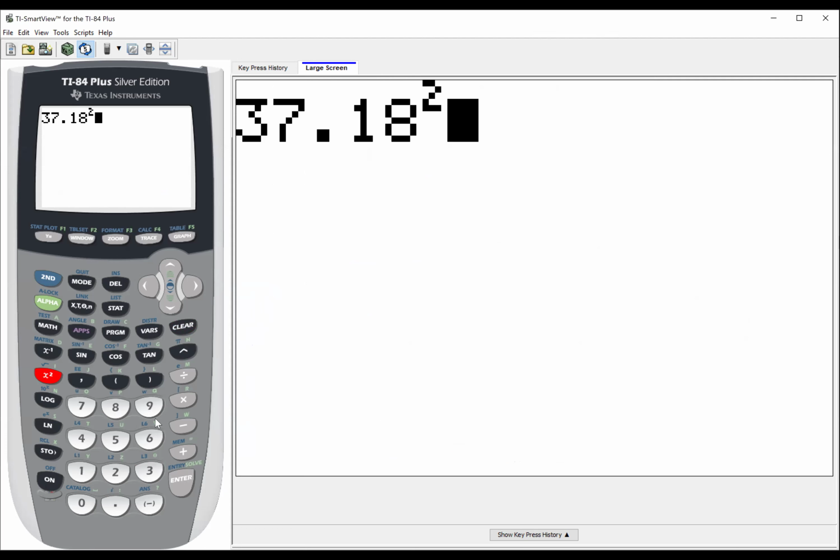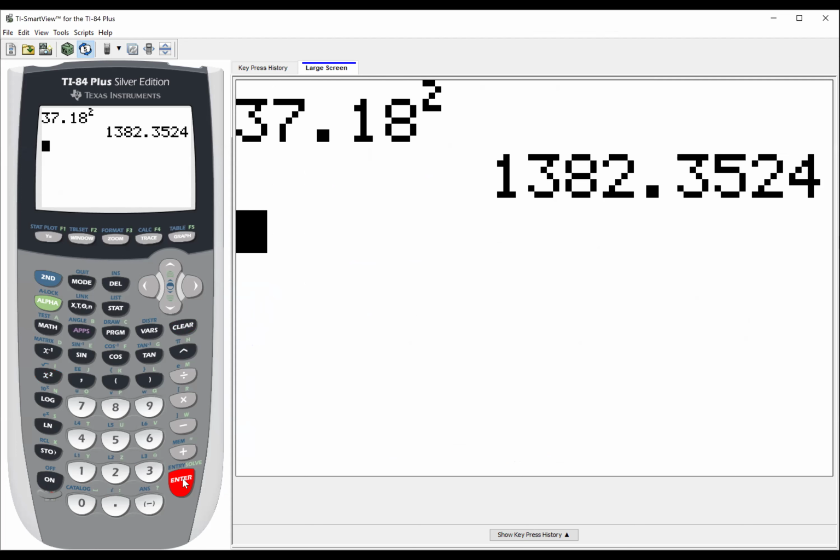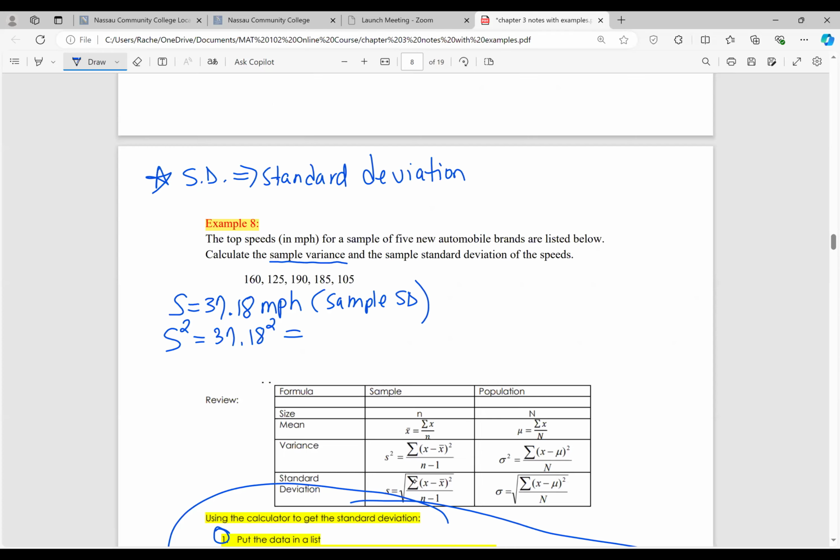You could see it in red here, x squared. So 37.18 squared is going to be about 1382.35. So we'll write that down. So this is equal to 1382.35, and my units are miles per hour squared. So we're in square units. So this is the sample variance.